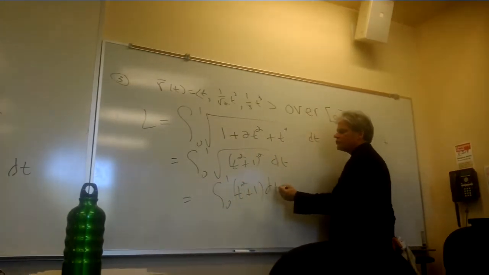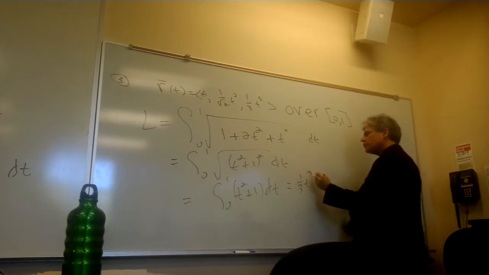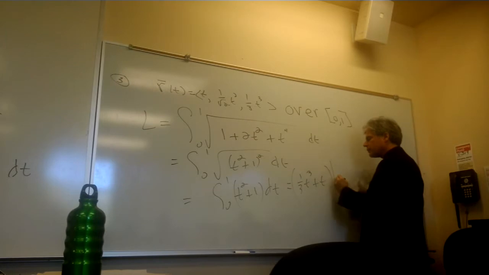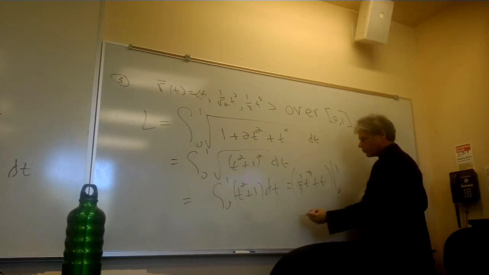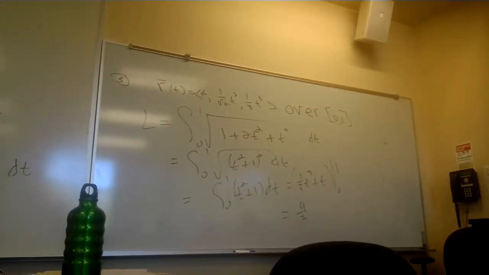Isn't life a piece of cake? Does that give me one third t cubed plus t evaluated from 0 to 1? Or shall we just say 4/3? You okay with that so far? Yep.